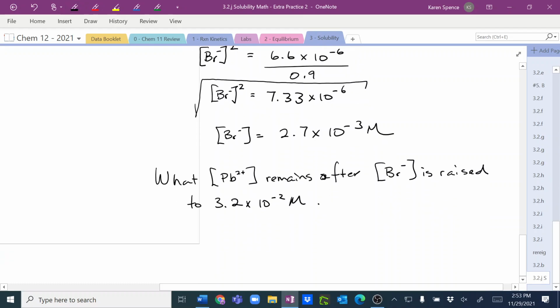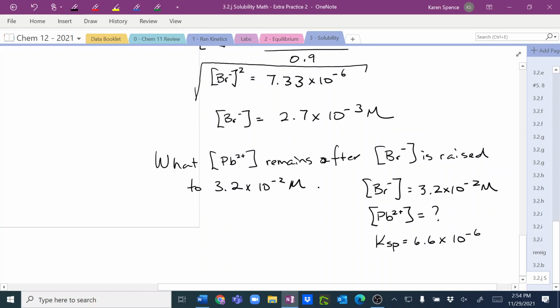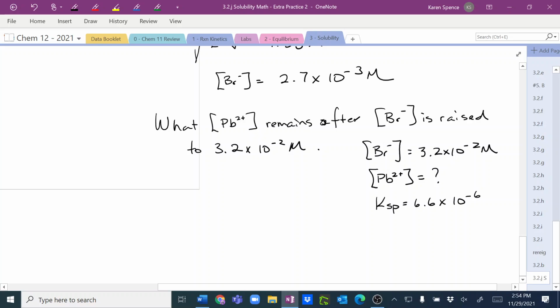It's actually not tricky, it's just tricky because it looks tricky. Well, guess what? This time you know the concentration of bromide. You do not know the concentration of lead. But you do know that the Ksp is still 6.6 times 10 to the minus 6. So we're just going to do exactly the same thing, but in this case, our unknown is the Pb.